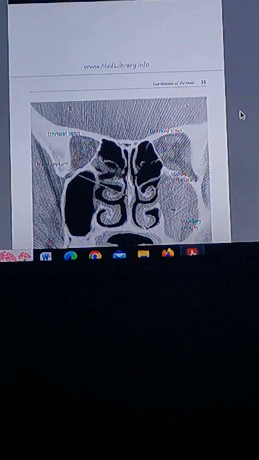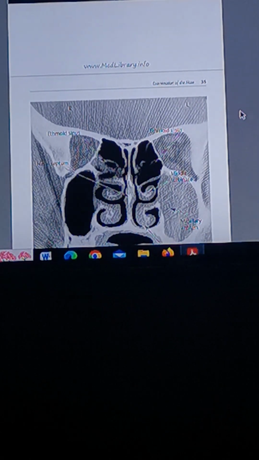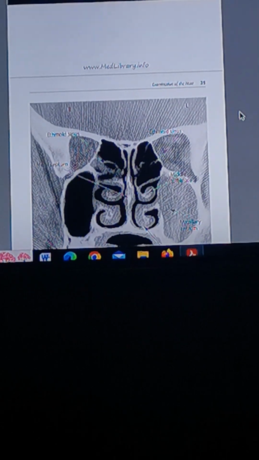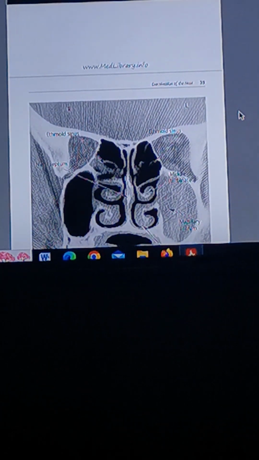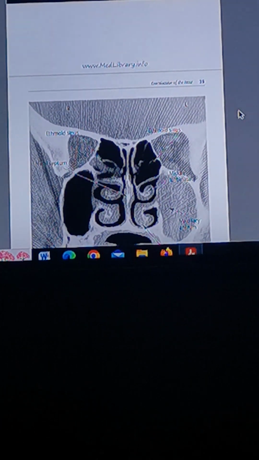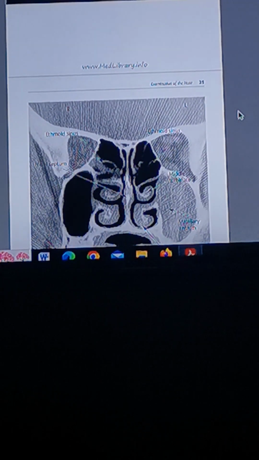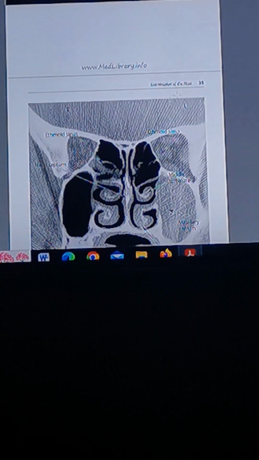In ENT practice, the commonest one we use is the coronal type. We have also the sagittal, and we have also axial. The commonest two views used are the coronal and the axial. I'll show you the anatomy now.